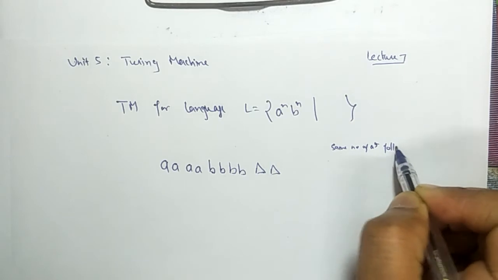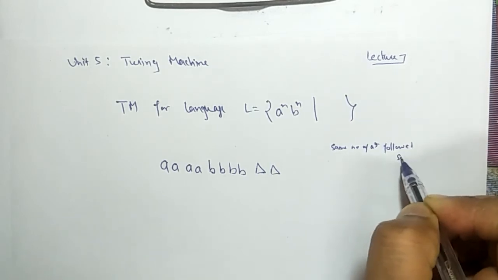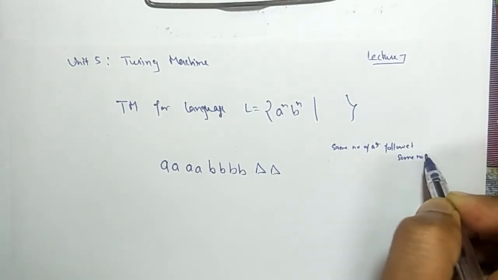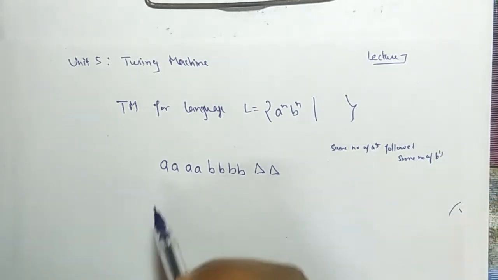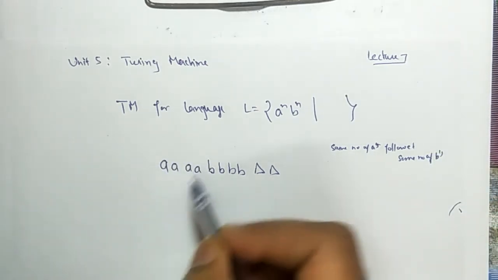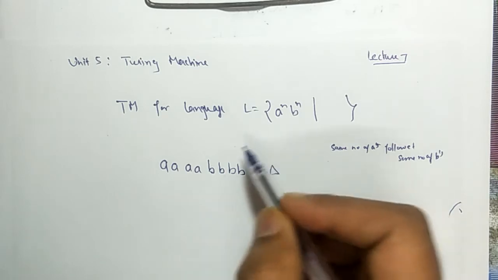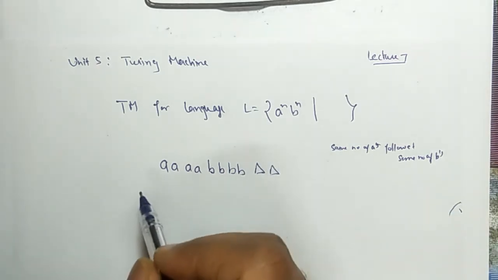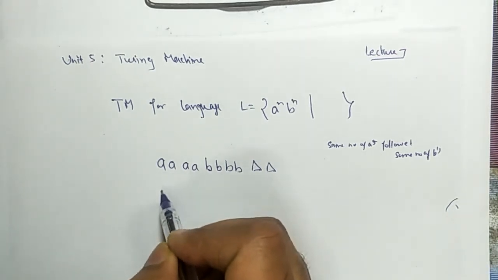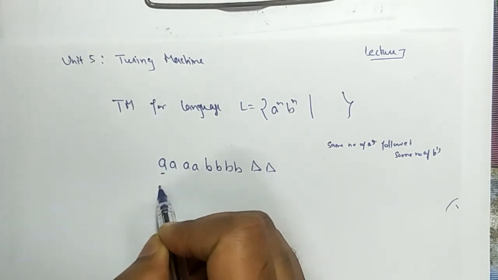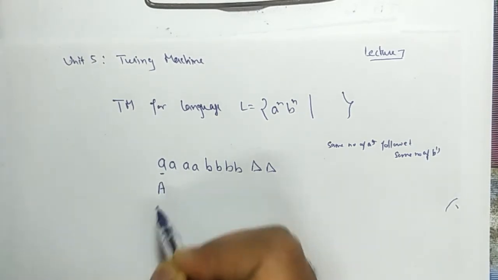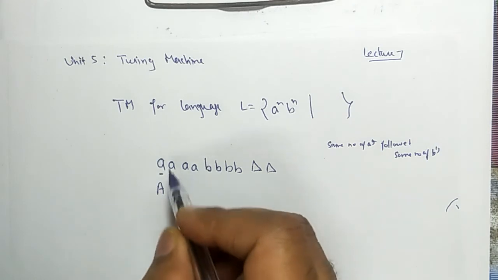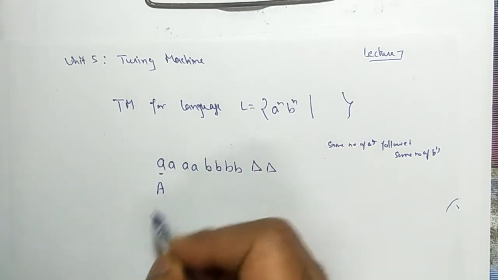We know that here there is the same number of a's followed by the same number of b's. So for every a here there is a b on this side. We read small a here and convert it to capital A. It means that we have read this a and marked it.